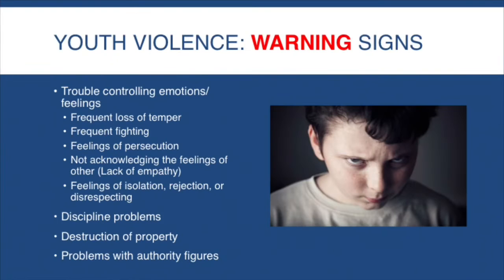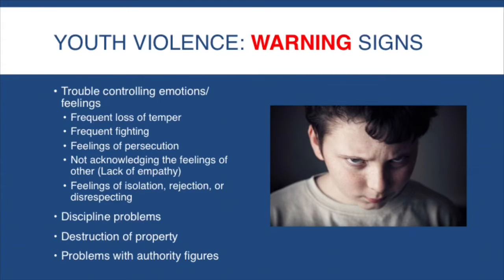Warning signs to look for. Typically students who are at risk for violence will most likely be going through some troubling emotional issues, exhibit loss of temper, frequent fighting, feelings of persecution, lack of empathy, feelings of isolation or rejection.